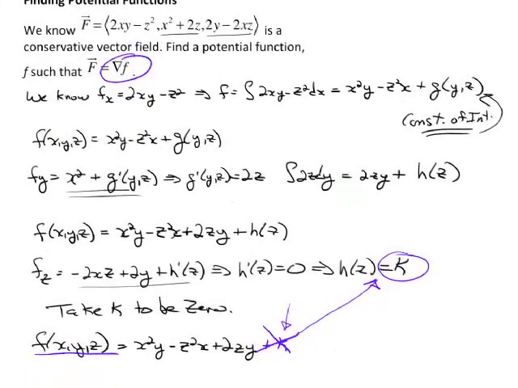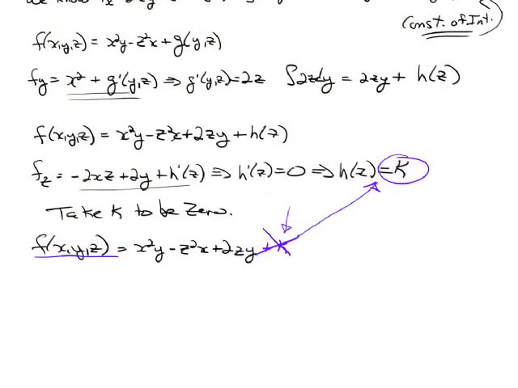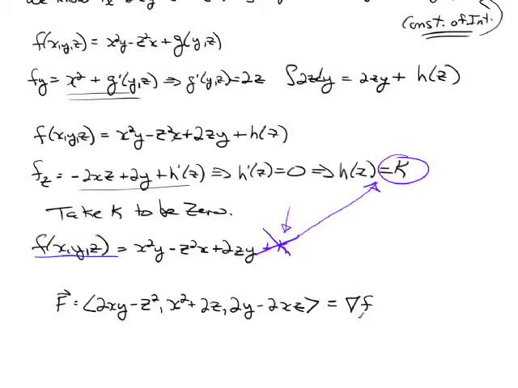So the last statement I want to make based on all this is that my vector field function, I'll write it as a vector, is 2xy minus z squared, x squared plus 2z, 2y minus 2xz. This is the vector field I was originally given. This equals the gradient of f, and this is the f that I just found.